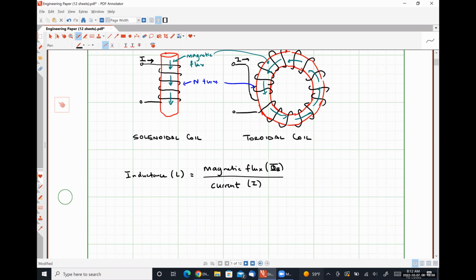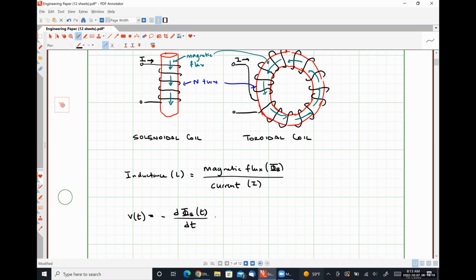Now, magnetic flux mathematically relates to voltage due to a thing called Faraday's law. So Faraday's law says that the voltage drop across a coil like this is equal to the derivative of the magnetic flux as a function of time with respect to time.